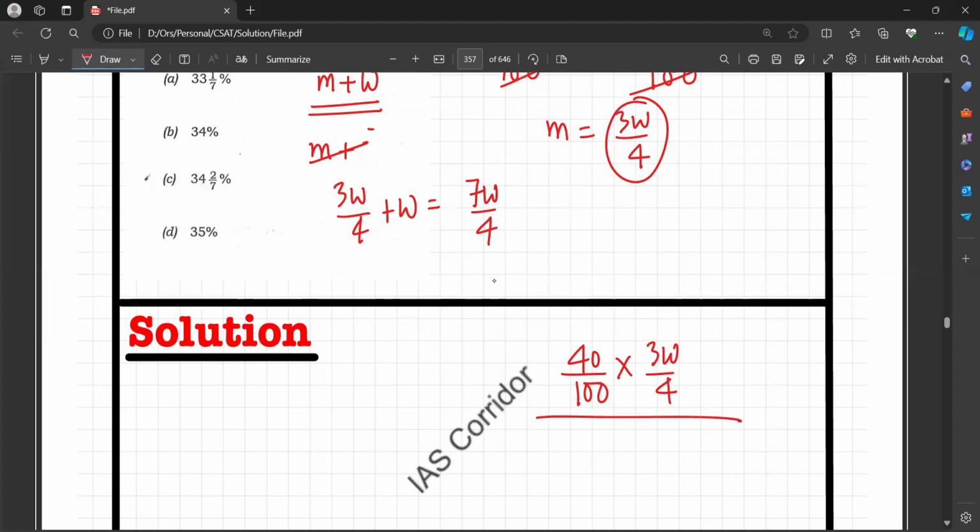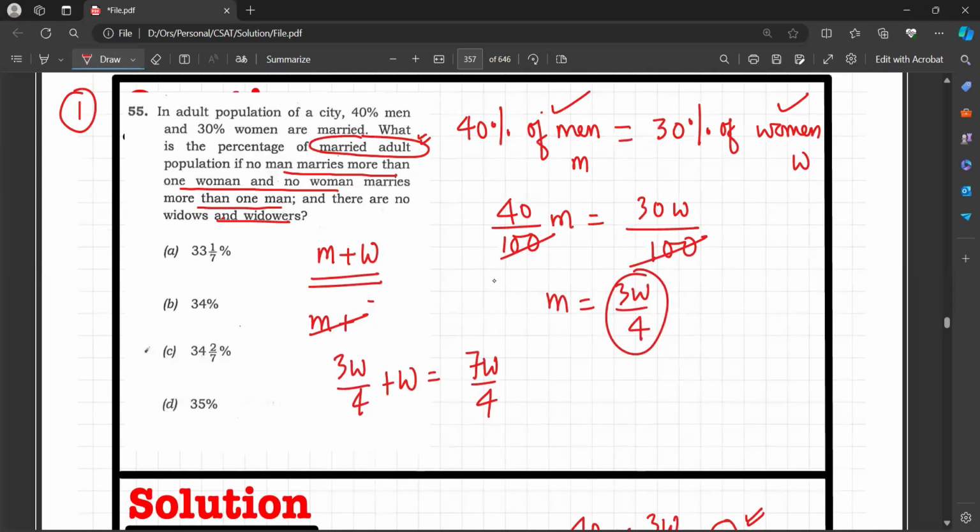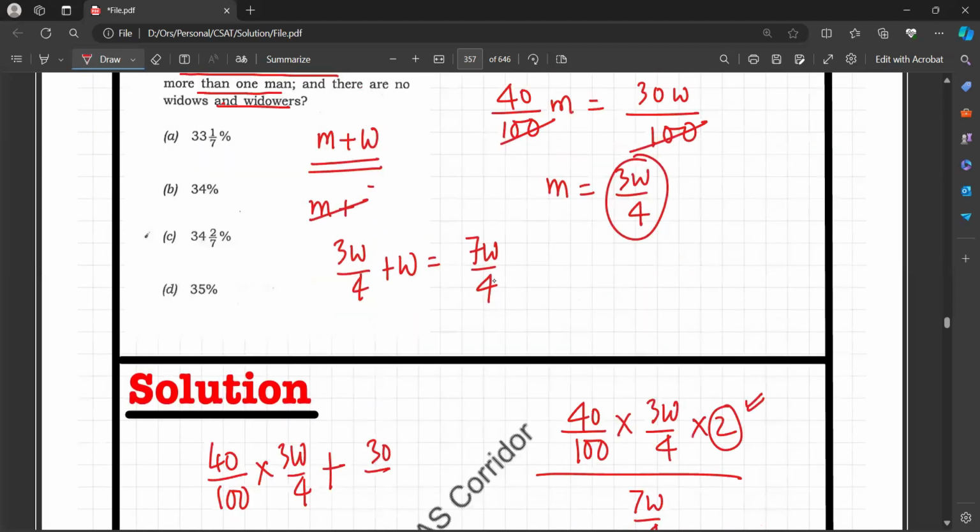Now the men who are married equal the women who are married. So can I multiply by 2? Yes. Divided by 7W by 4. I hope you appreciate this 2. Or else what I would have done is 40 by 100 into 3W by 4 plus the 30% of the women who are married, that is 30 by 100 into W.